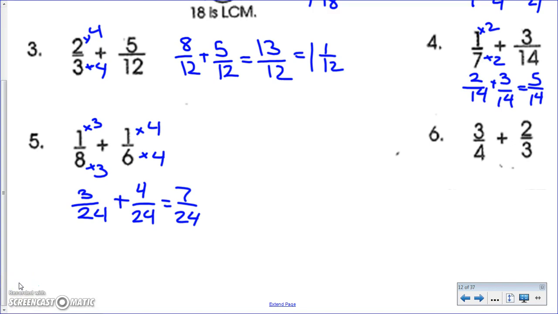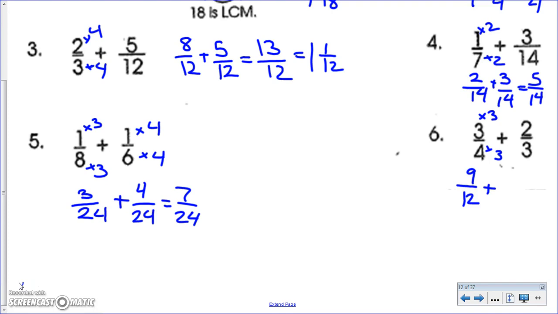Finally, for 6, we have 3/4 and 2/3, and we know the least common multiple of 4 and 3 is 12. So we're going to bring both of these fractions up to 12. So we're going to multiply 3/4 by 3. And that gets us 9/12.